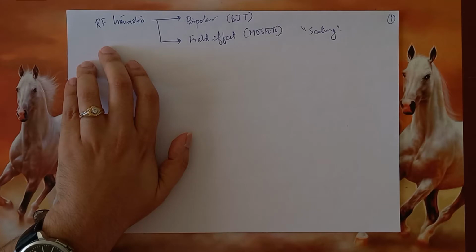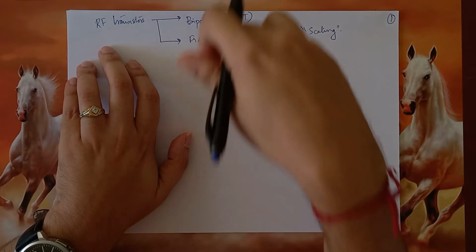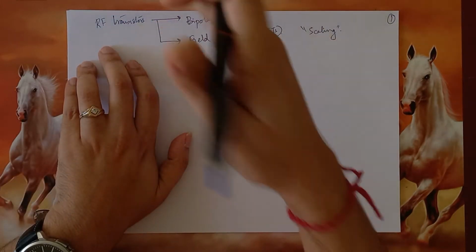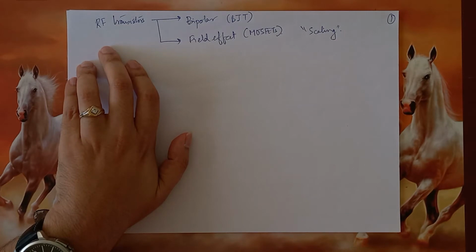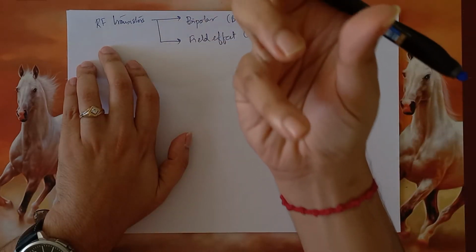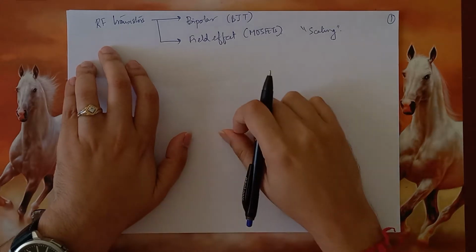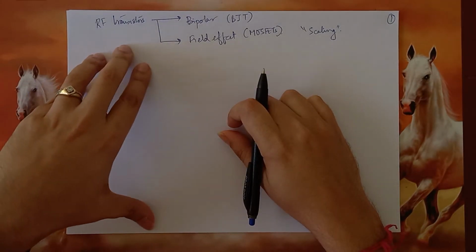So the most powerful tool that today's engineers require is provided by MOSFETs. They are giving us a wonderful opportunity of allowing us to reduce their size and at the same time retain their properties, if not improve them. At the same time, we are getting more bandwidth out of those.